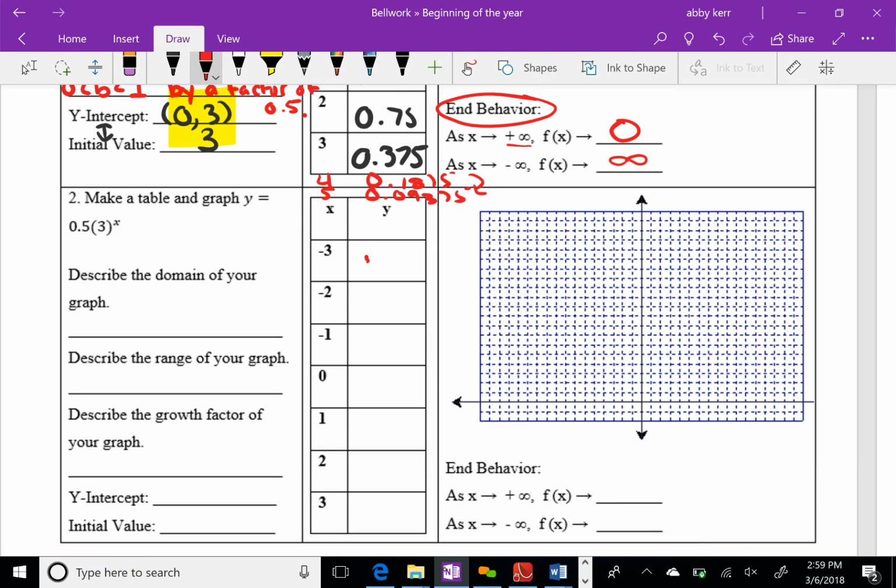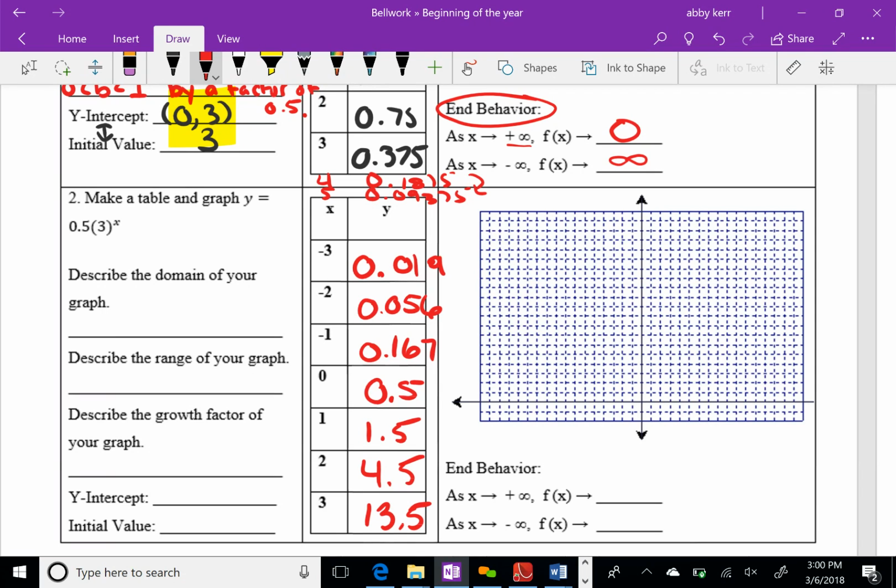So we're going to start off with very small numbers, which is fine. Eventually we'll get to better numbers, or easier graphing numbers. Okay.